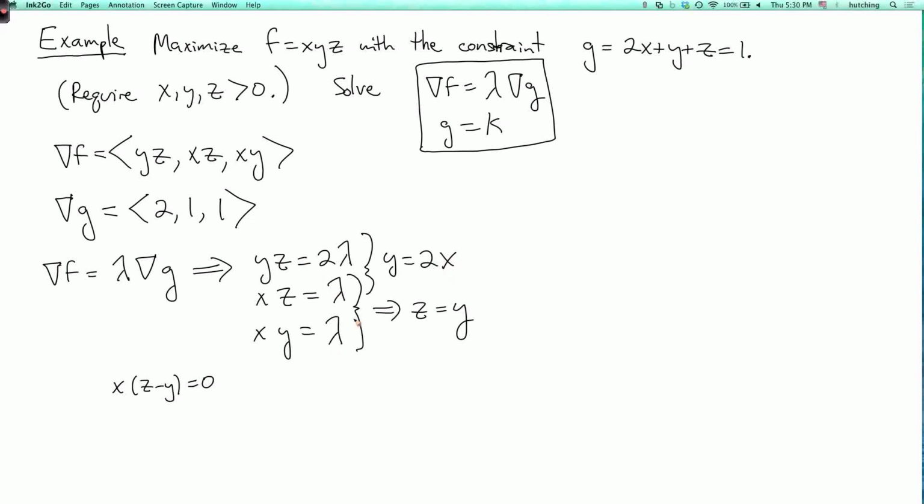Okay, so these two equations give me z equals y, and these two equations give me y equals 2x. So z equals y equals 2x. So this is everything that I get from the Lagrange multiplier equation.